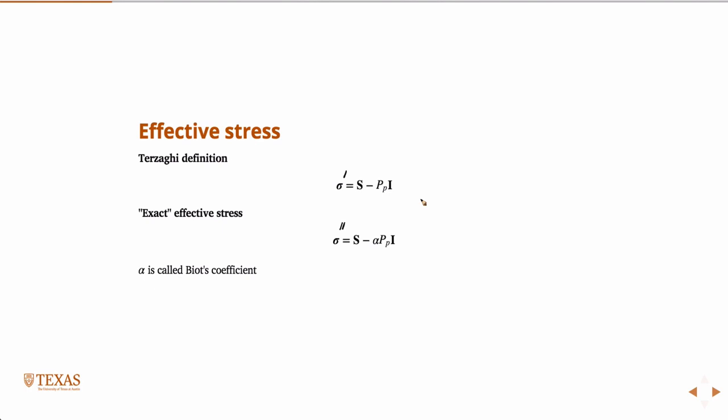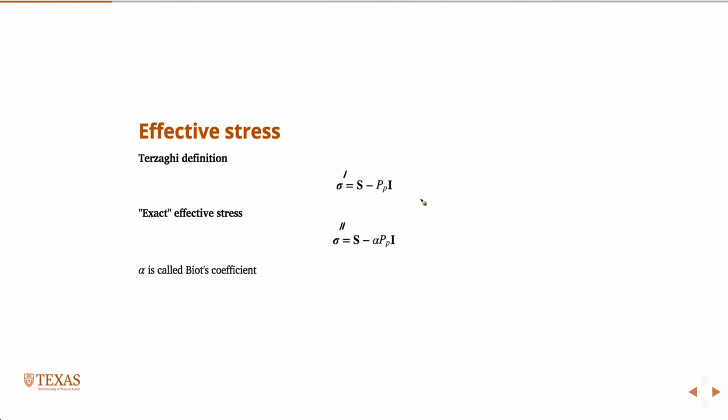And then in this other effective stress, we have this extra coefficient right here, and this thing is called Biot's coefficient. I just want to go over where that comes from. It shows up a lot, and it's important, particularly in shales and hard rocks.